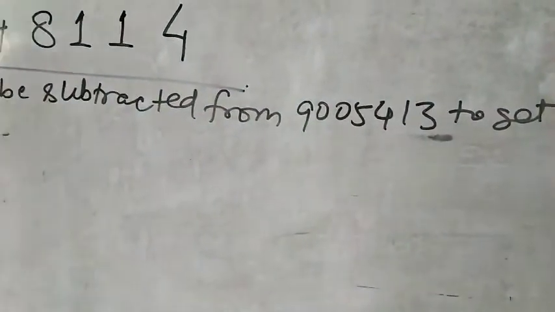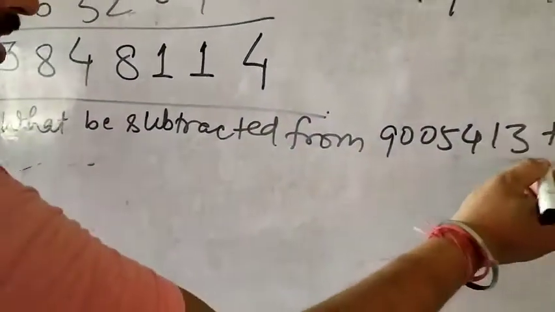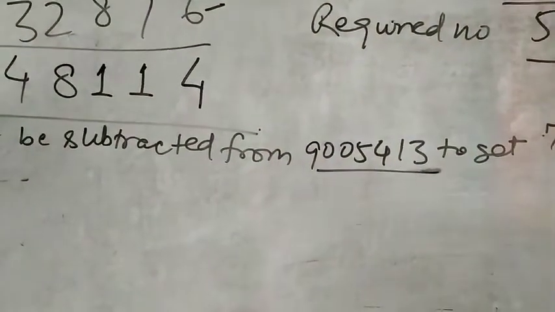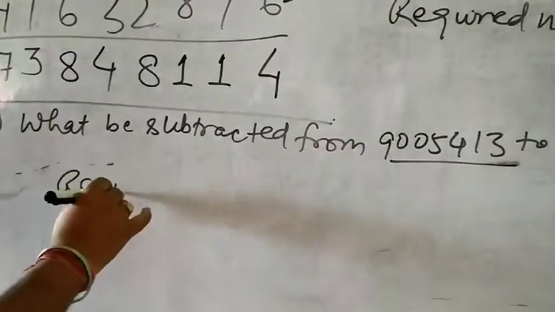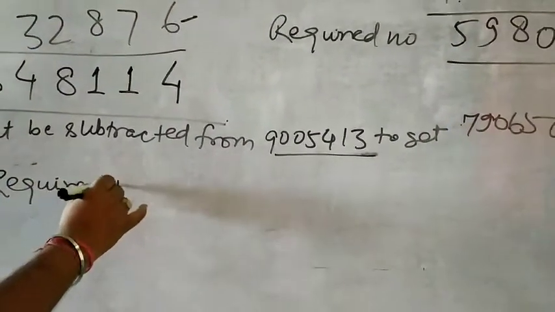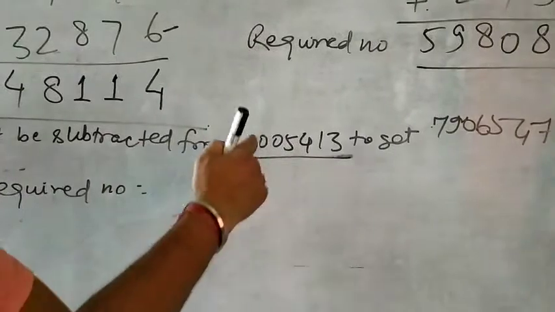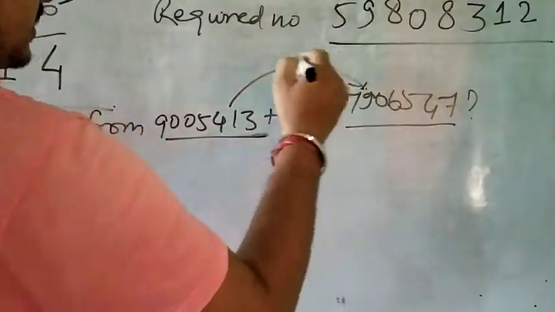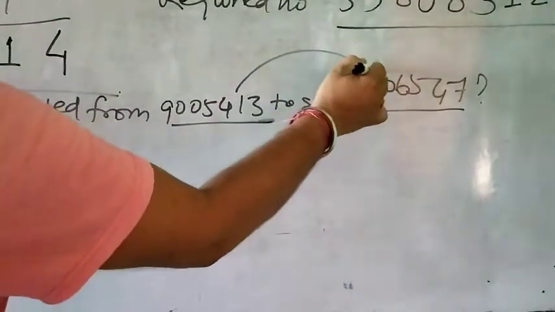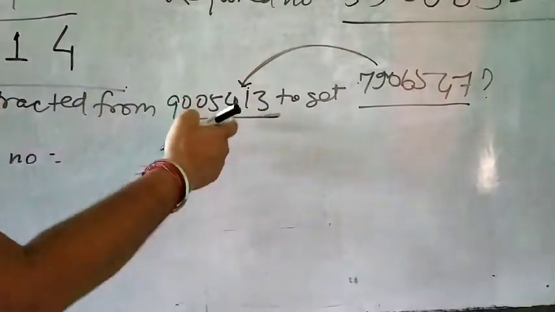So what number must be subtracted from this number? According to the question, the required number must be subtracted from this number.